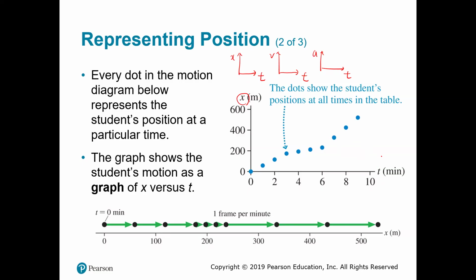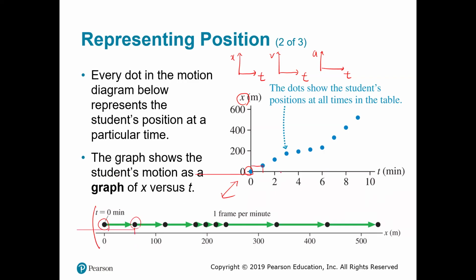You can have either a graph or this type of diagram, and these two are basically identical. When t equals 0, your position is 0. When t equals 1 minute, your position is around 50.